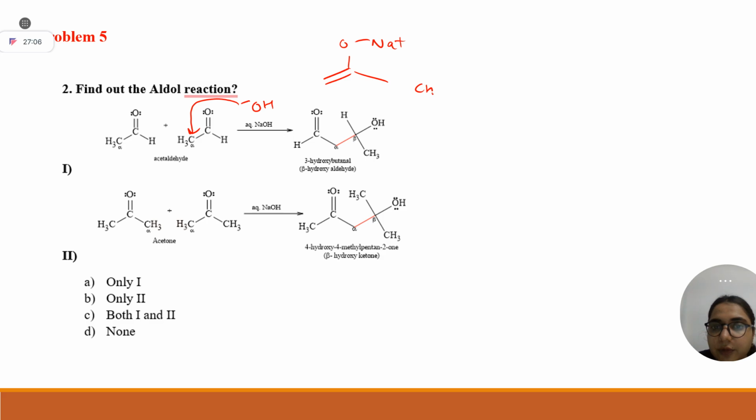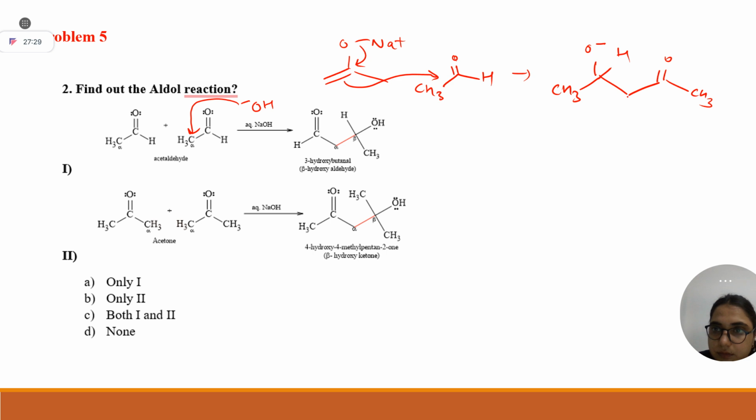You have another molecule. This enolate is going to come back and attack your other molecule. Clear? Okay. And at last, protonation will be done after workup and you will get this product.